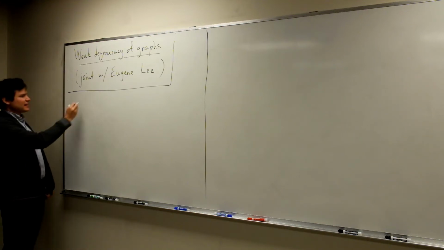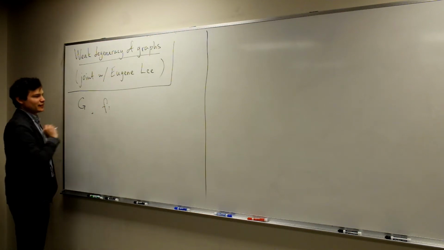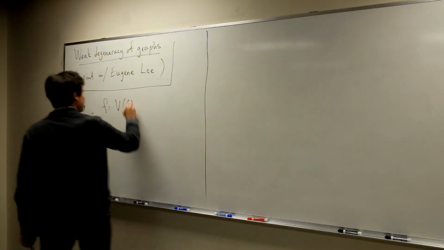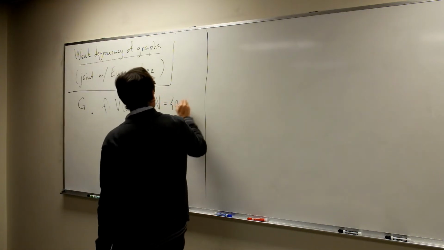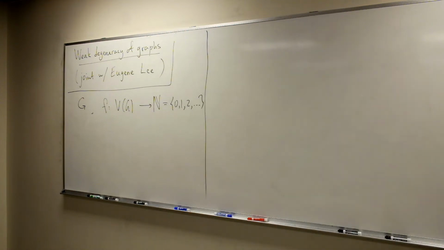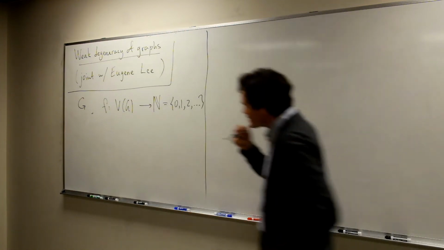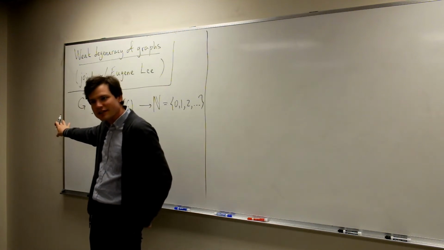So what's the setup? We have a graph G, and let me have a function f from the vertices to the natural numbers, which for me start with 0. Okay, so what is the meaning of this function? We are imagining that every vertex has a list of colors available to it.